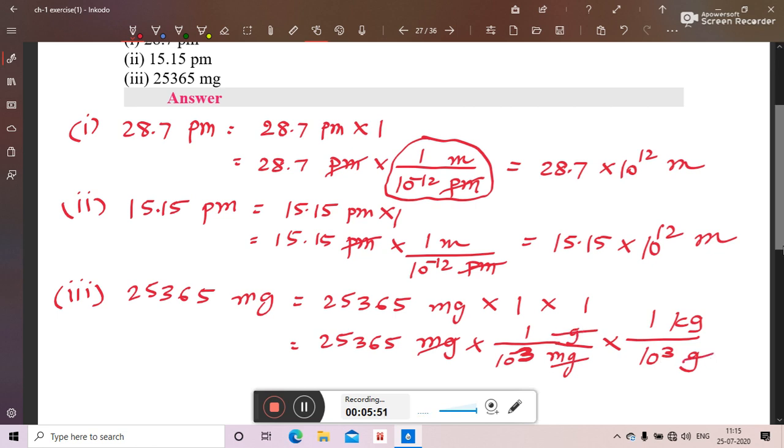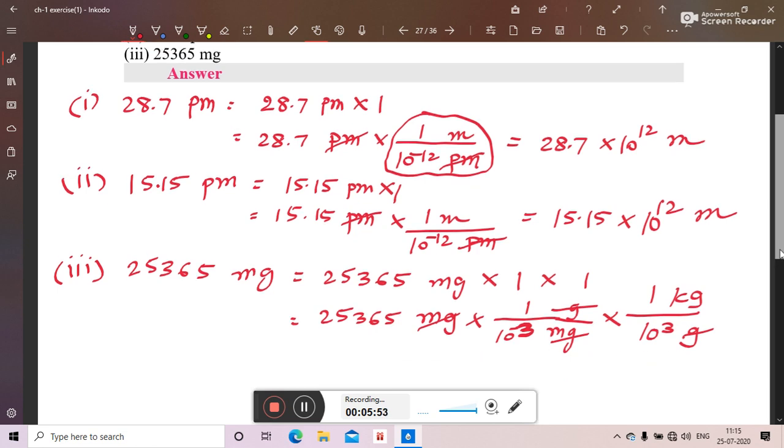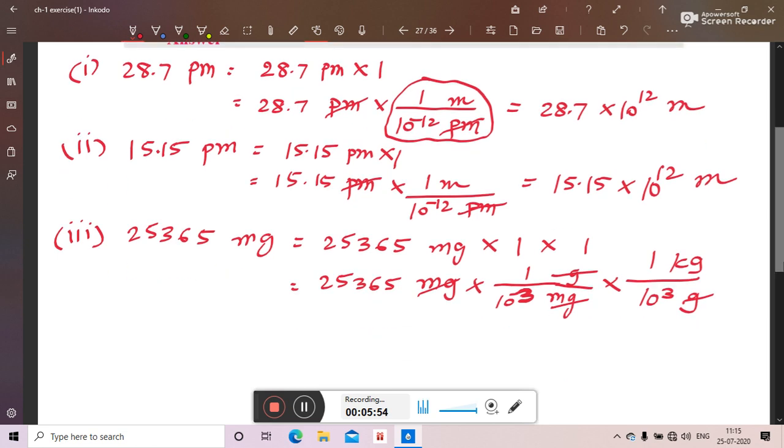So finally we will get 25365. Now in the denominator we have 10 raised to 3 into 10 raised to 3, so that is 10 raised to 6. So that will come in the numerator, so that will come 10 raised to minus 6. So our final answer is 25365 into 10 raised to minus 6 kilogram.